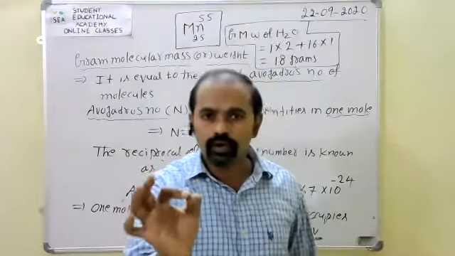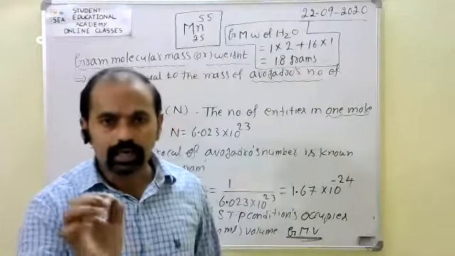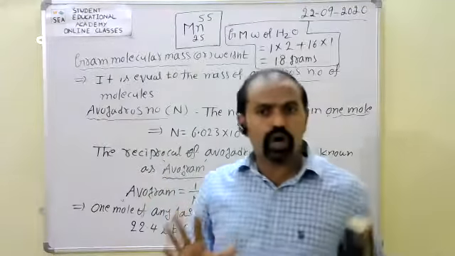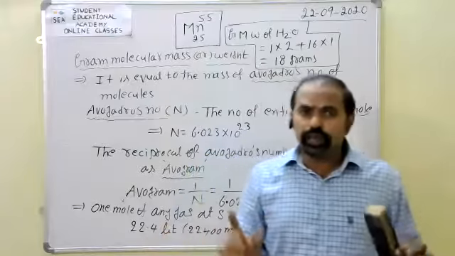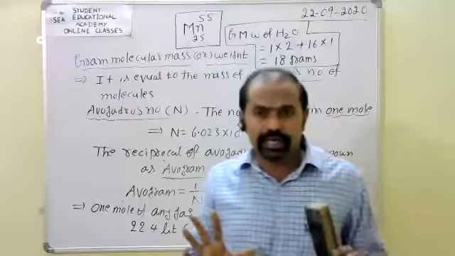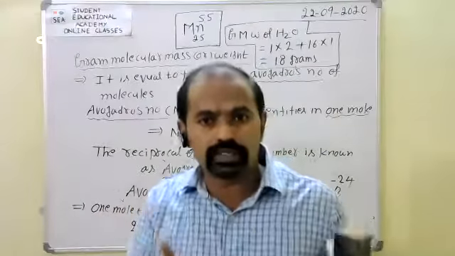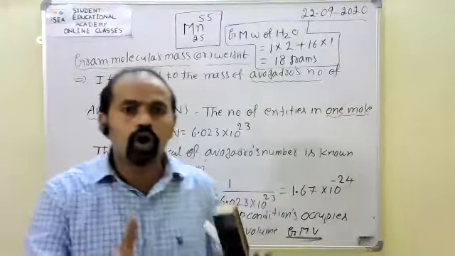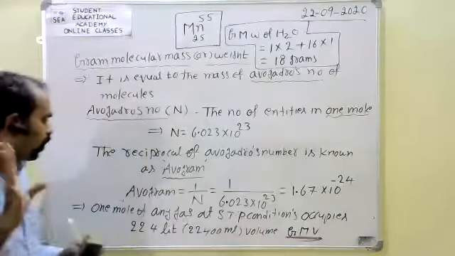This volume is known as gram molar volume. So if anywhere 1 mole of gas is there, with respect to volume, how much does it occupy at STP conditions? 22.4 liters. Now listen.